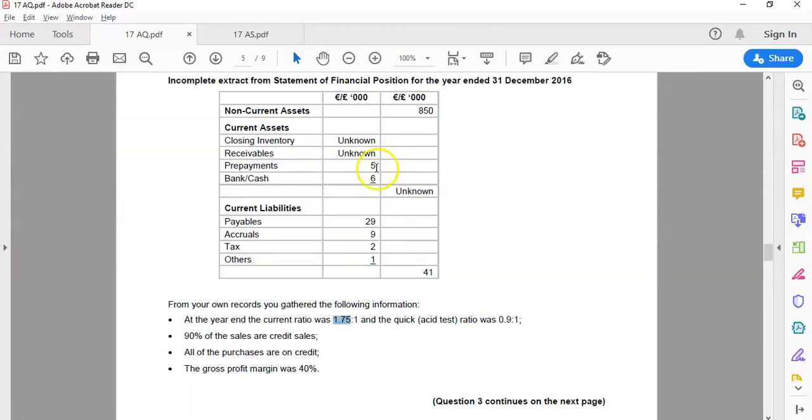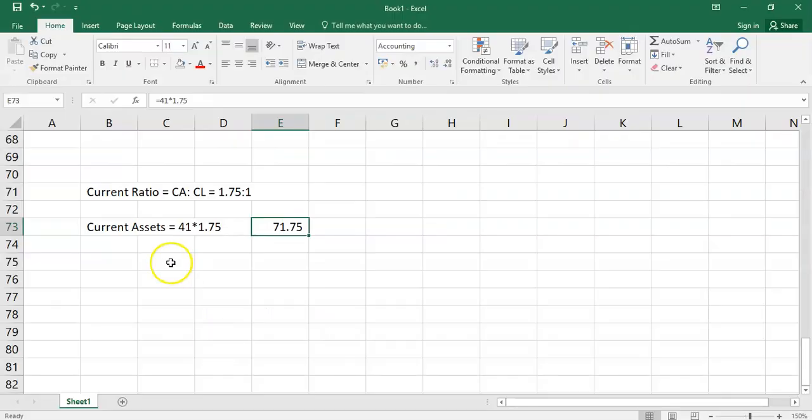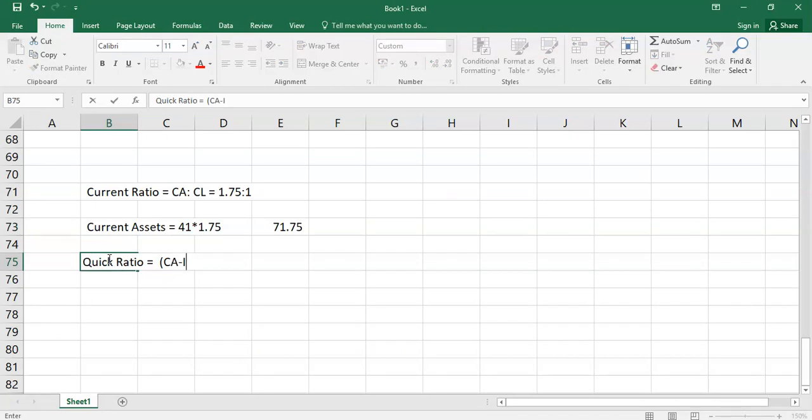Of those, we know 5 are prepayments and 6 are bank and cash. So we can work out what's left for closing inventory and receivables. And we're also told the quick ratio was 0.9:1. So we know the quick ratio is current assets minus inventory to current liabilities, which is 0.9:1.